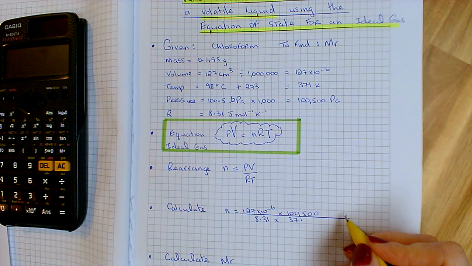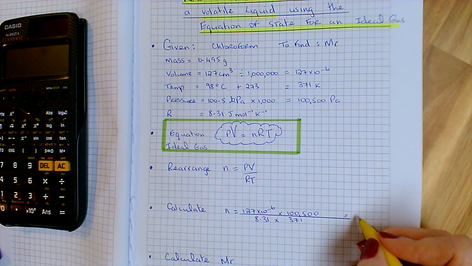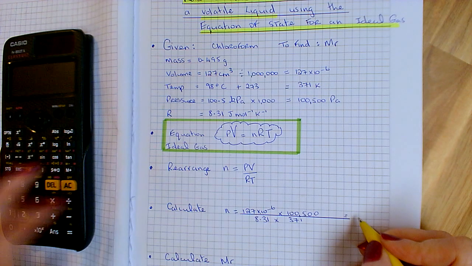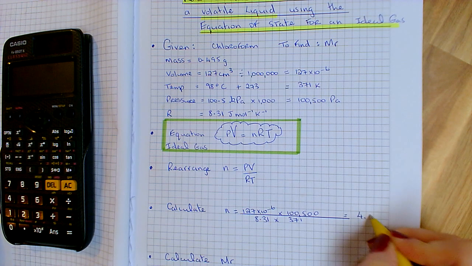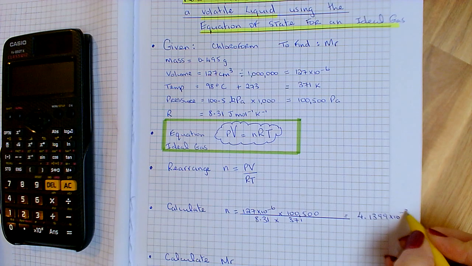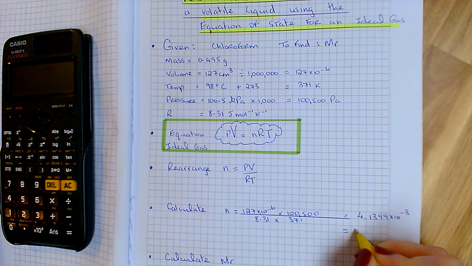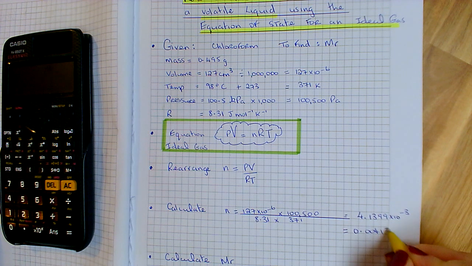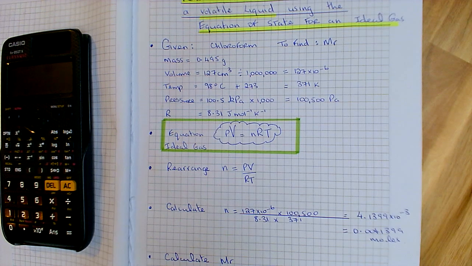When you calculate that on your calculator, you end up with 4.1399 by 10 to the minus 3, or you might like to write that out as 0.004139. This is the number of moles of the chloroform that we have.